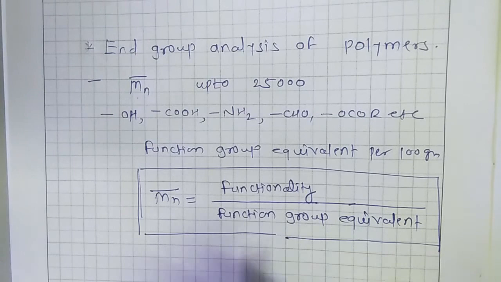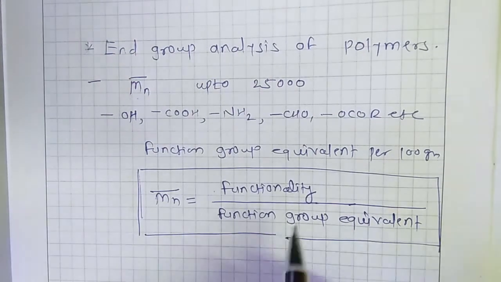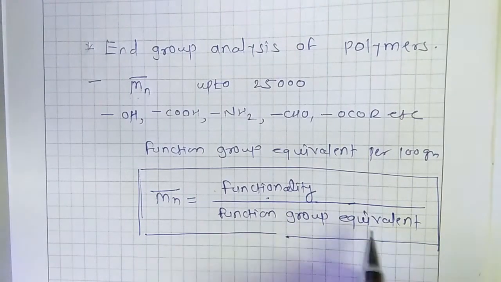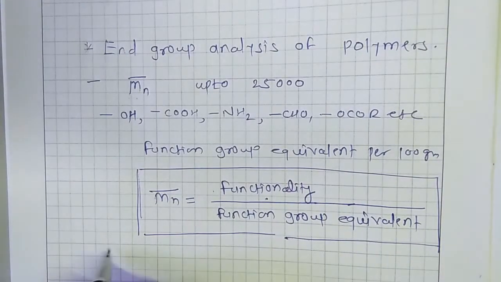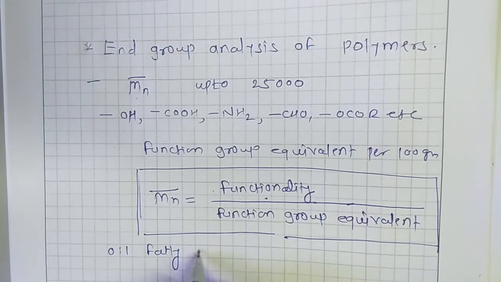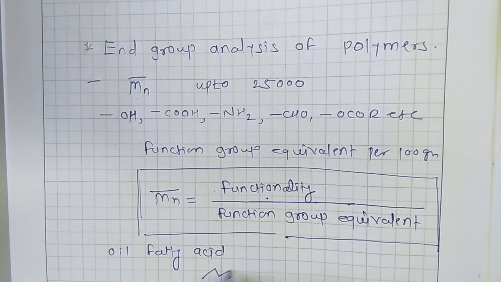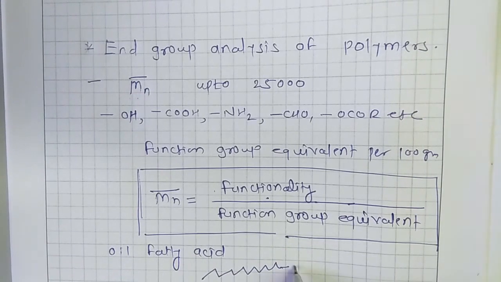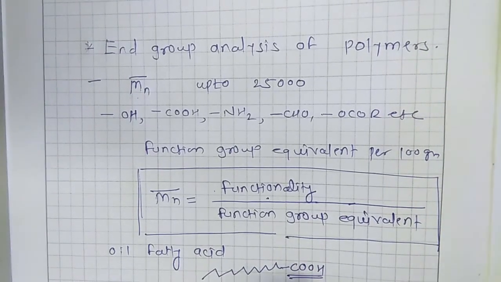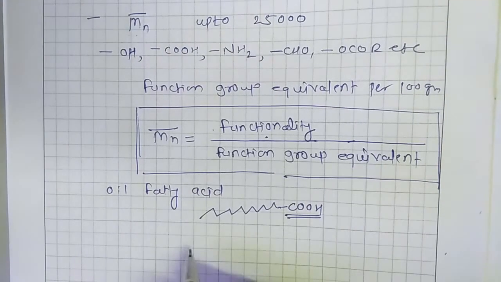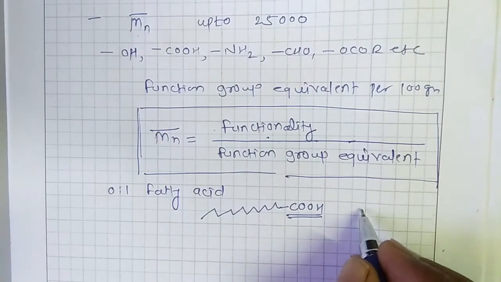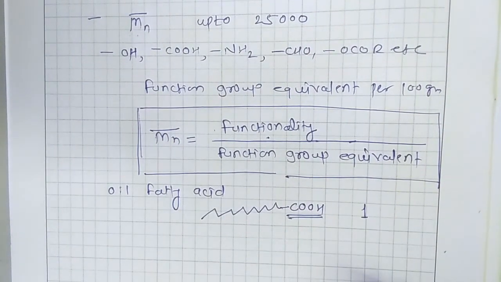So now what is functionality? Functionality is the number of active functional groups present in the polymer. Consider the oil fatty acid, this is an example of a fatty acid which has the end group COOH, and this COOH has only one reactive functional group, that's why its functionality is 1.